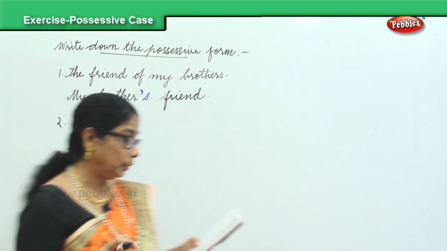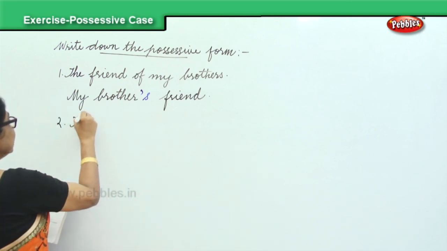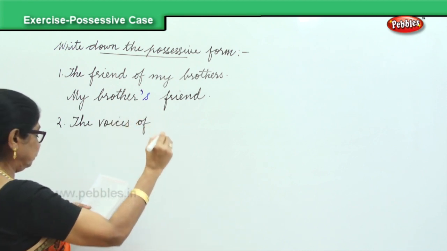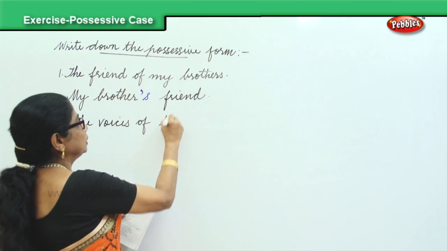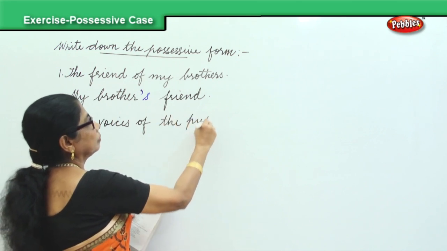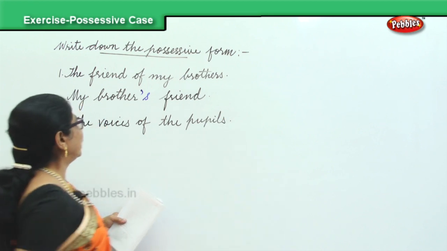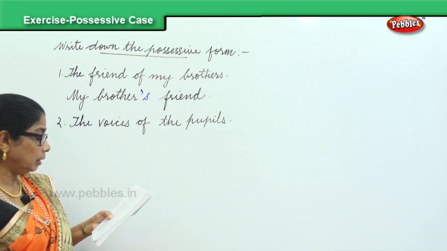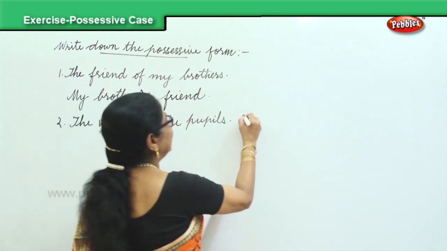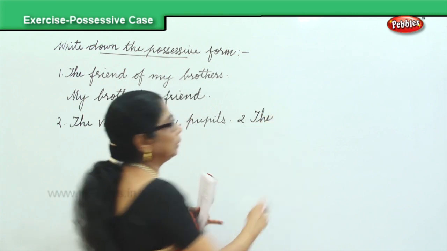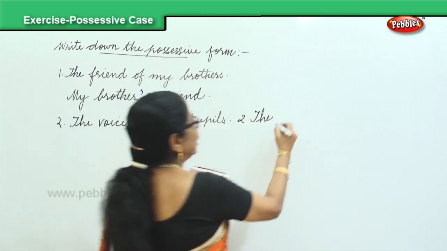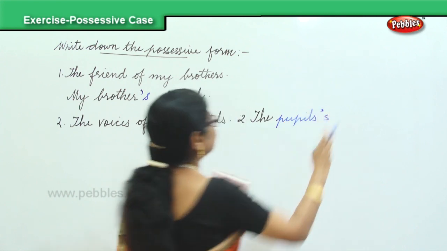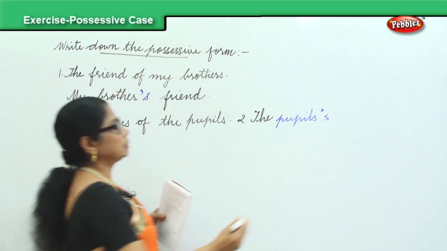Another one. The voices of the pupils. How will you write? The pupils' voices. So you will write the pupils', more than one. Okay? The pupils' voices.